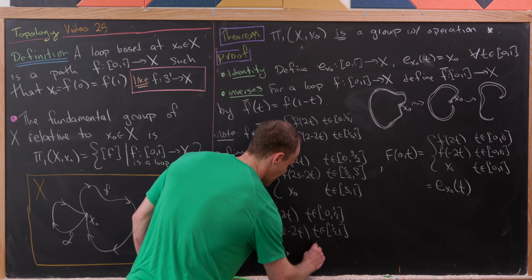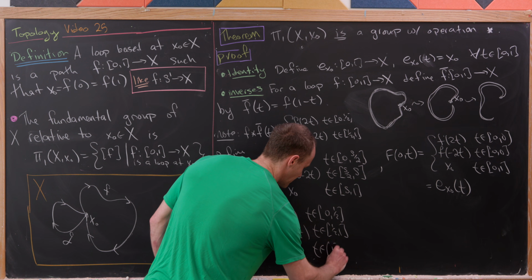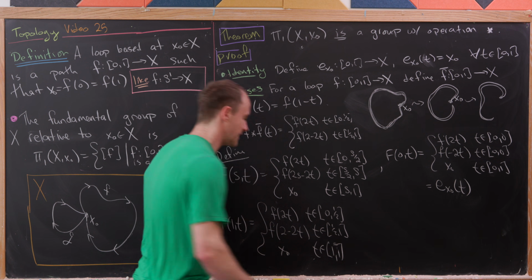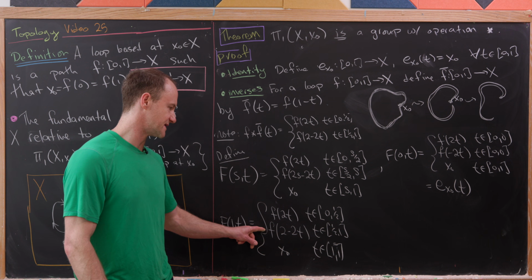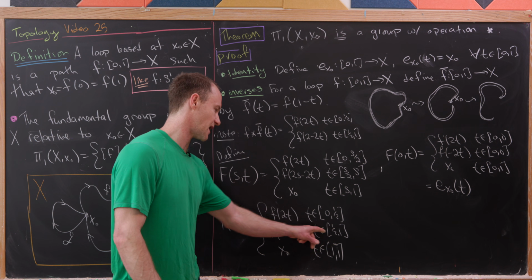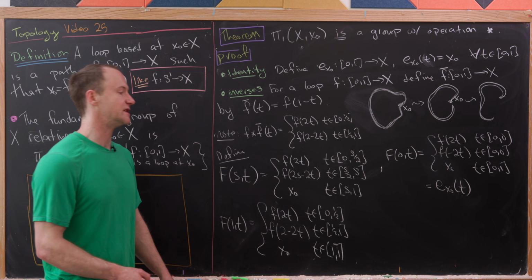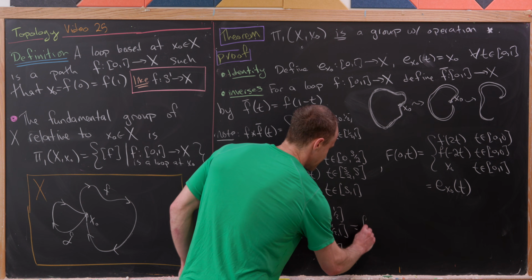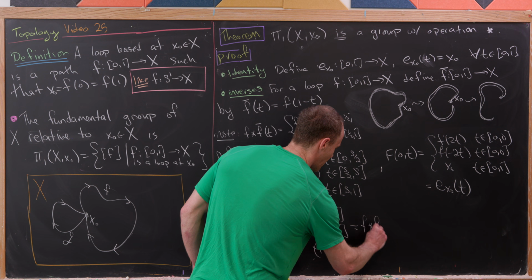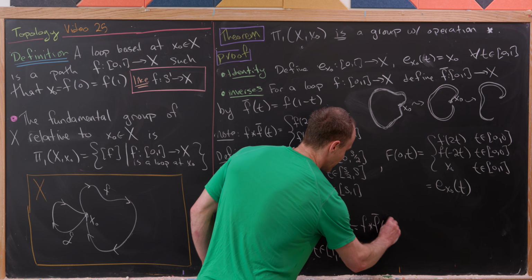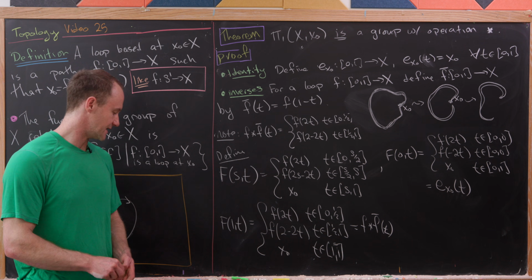And then it'll be x naught if t is on the interval from 1 to 1. But that's actually not a problem because this thing is equal to x naught if you plug in t equals 1 anyway. So that makes it continuous. But observe that this is equal to f star f bar evaluated at t as needed.